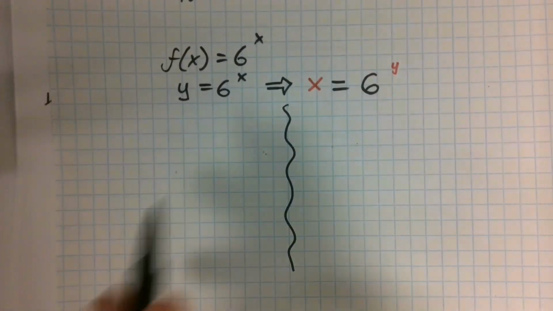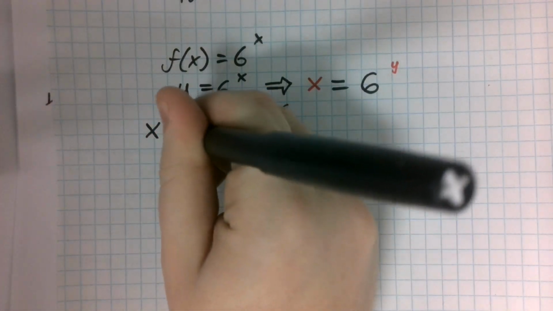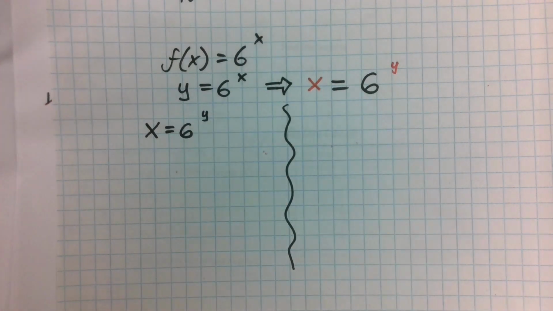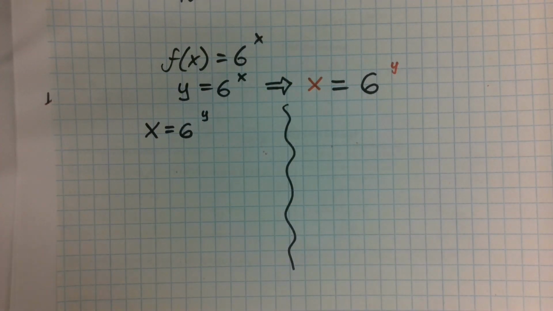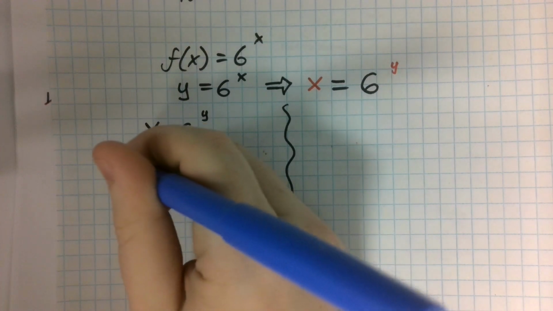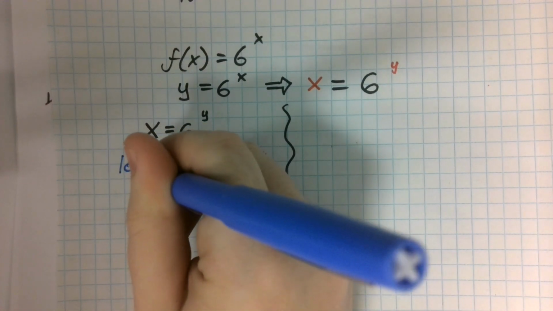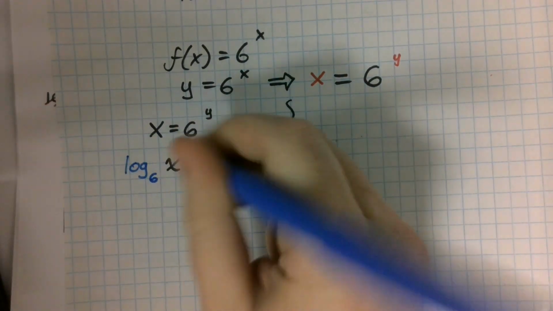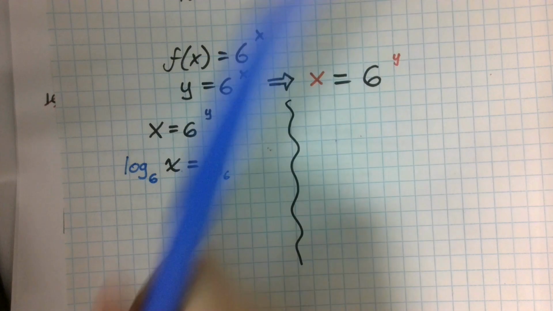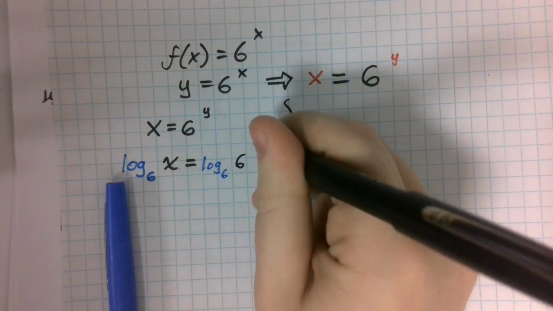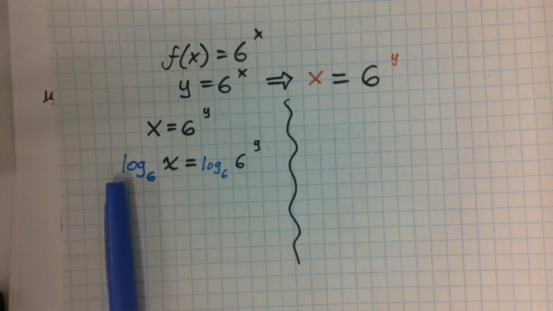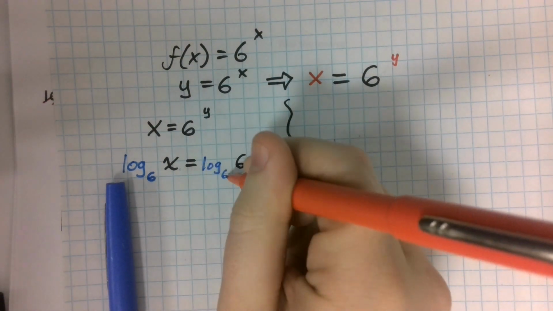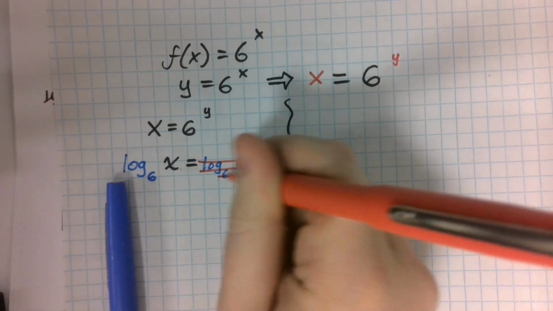So if we're starting with x equals 6 to the y, well, this exponential has a base of 6. What if we took the logarithm base 6 of both sides? So if I did log base 6 of x equals log base 6 of 6 to the y power, we can use that property of cancellation we learned to know that log base 6 of 6 cancels.